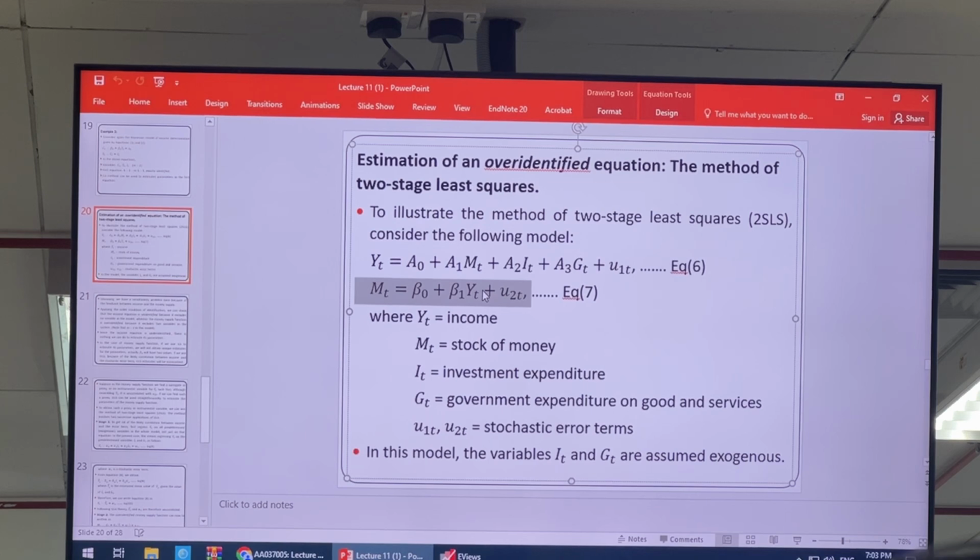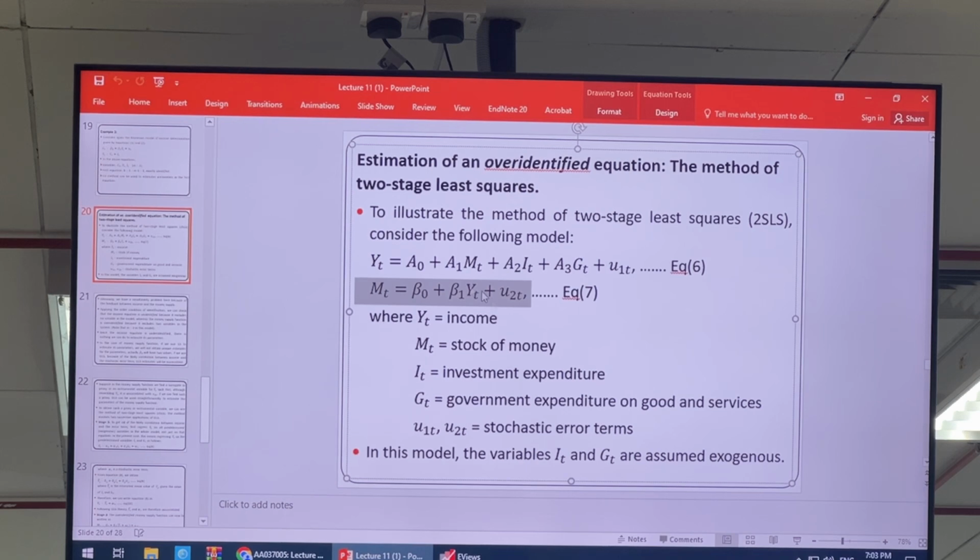The first stage is to get the replacement of YT by estimating the fitted value of y. Okay, the first stage. Second stage, then we can use the fitted value of y to estimate the model.